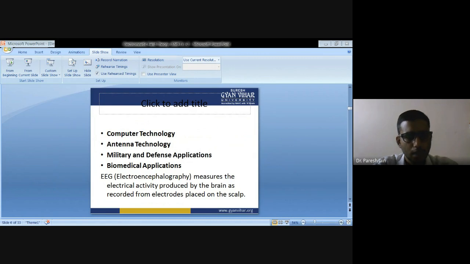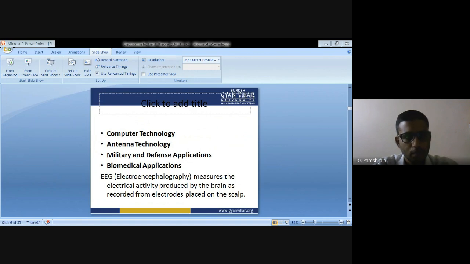Sonar, sound navigation and ranging, is used in marines and ships, and these devices also work on the basic principles of EM wave theory. Navigational aids. This device is generally used to find navigation of aircraft.